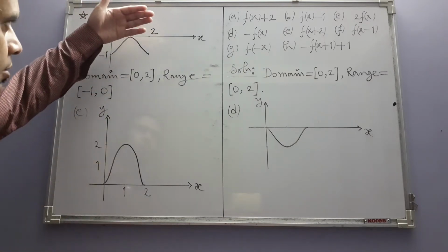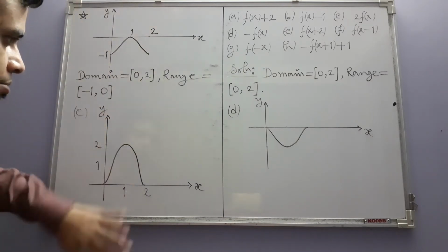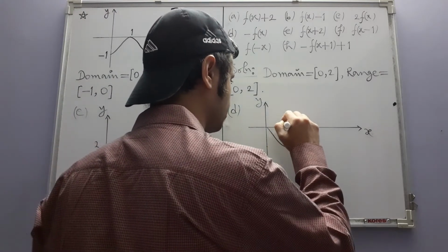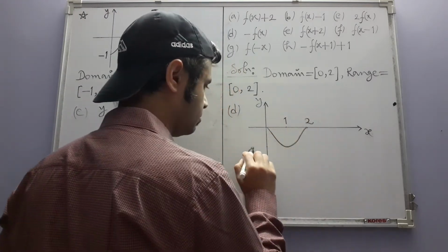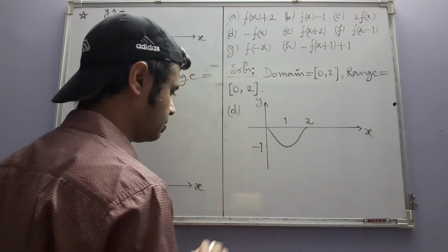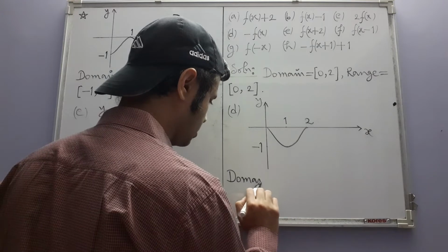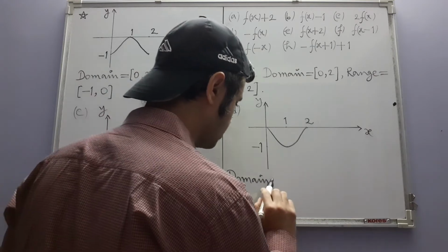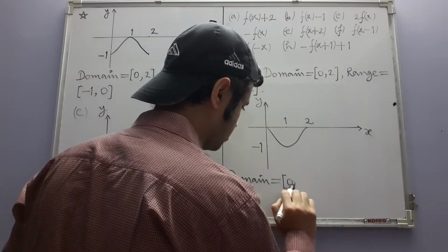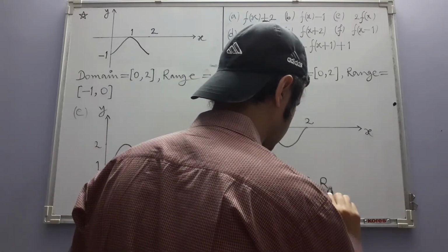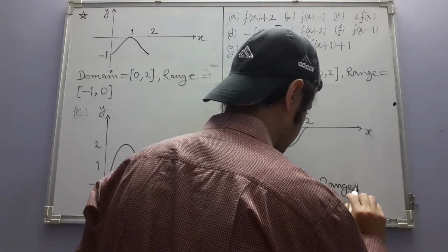Okay, it was like this, it has been flipped about the x-axis. So this is 1, this is 2, this is -1. The domain is still the same, 0, 2, but the range has changed.